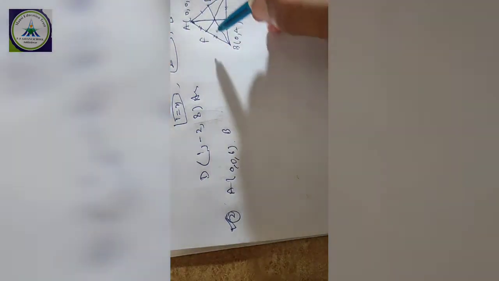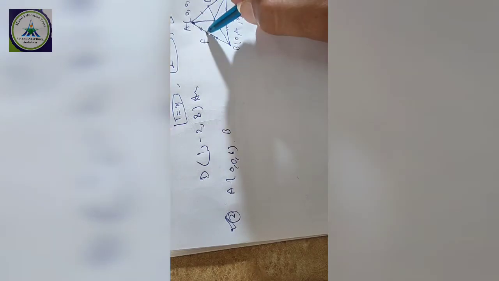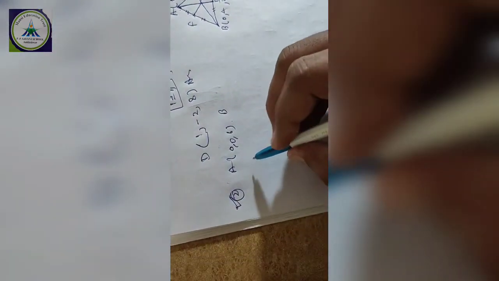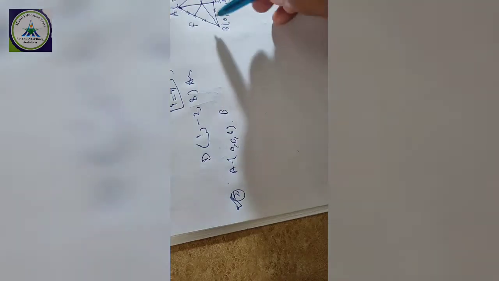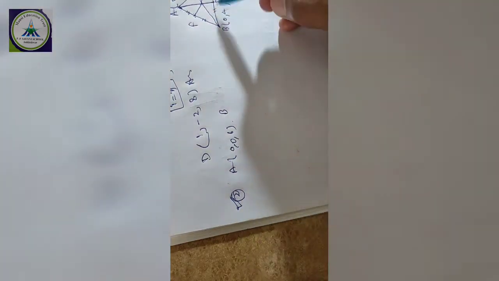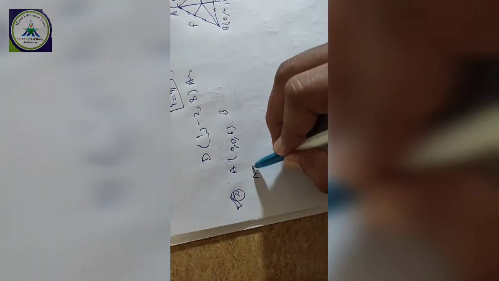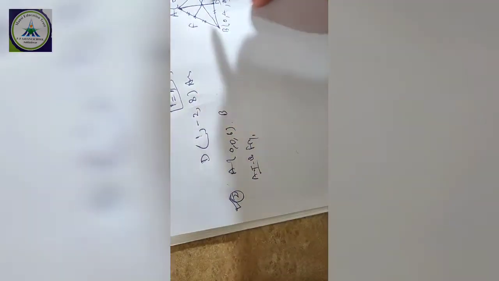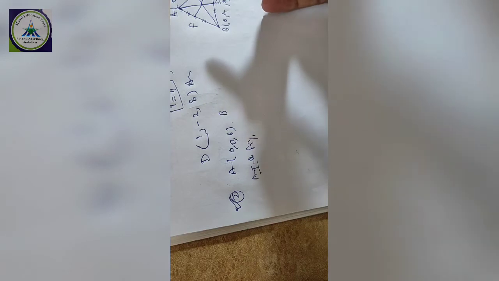So find midpoints D, E, F: D is the midpoint of BC, E is the midpoint of AC, and F is the midpoint of AB according to the figure. Then after that, find the lengths of the medians.